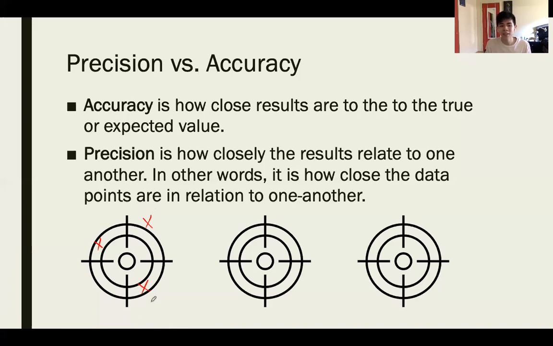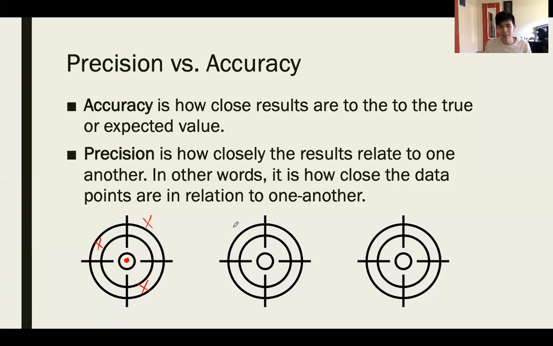In this case, since everything is widespread, not clumped together in one specific area, it's not precise. And it's not accurate because none of them ever hit the target itself. None of them got the expected value, which of course is the bullseye when you're aiming for a target.